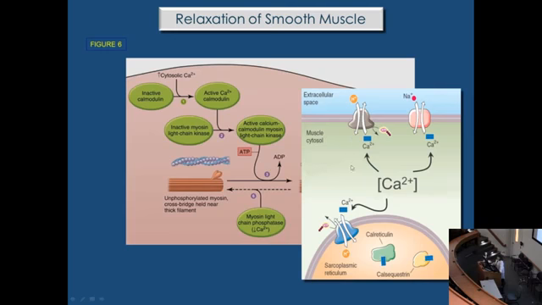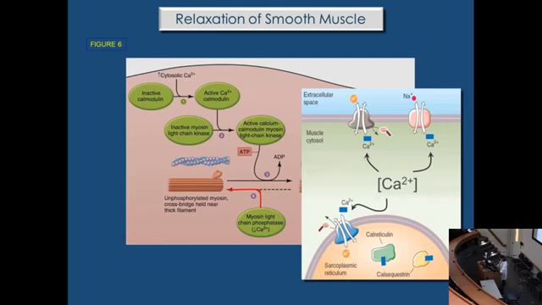So when the cell lowers the cytoplasmic calcium concentration, this will result in the activation of the myosin light chain phosphatase. When this is activated, it will dephosphorylate the myosin, and this will keep the head of the myosin close to the thick filaments. And this will result in relaxation of the smooth muscle.